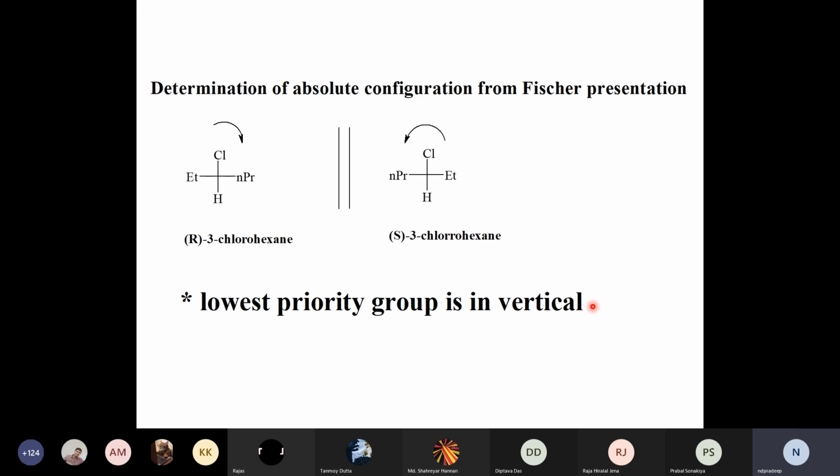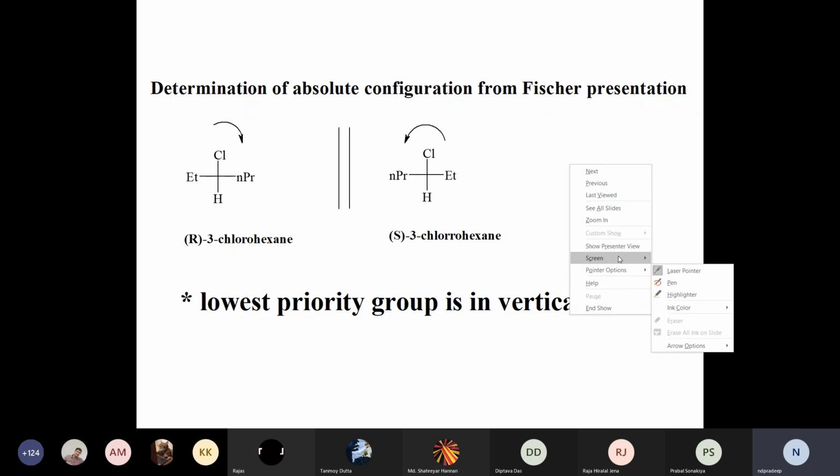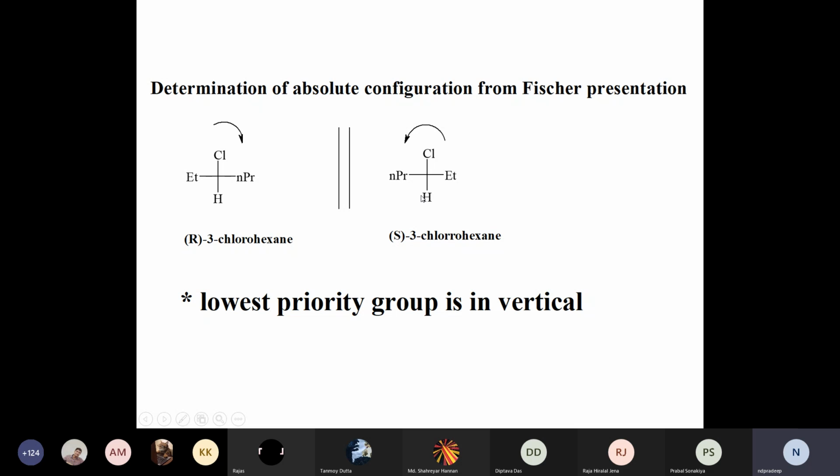Okay, Fischer projection is very simple. So this molecule is given in the Fischer projection, right? If this is given in the Fischer projection, it is very easy, so you can number them.